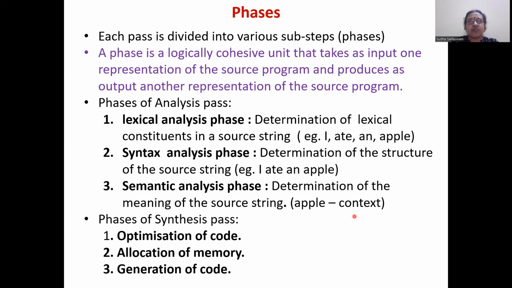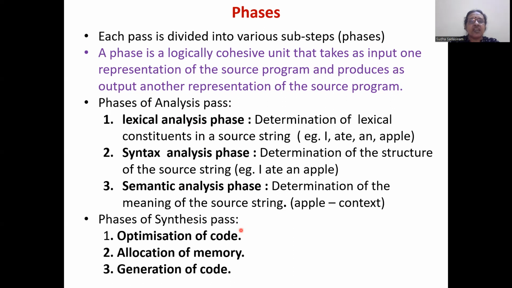Based on this statement, the semantics for apple is fruit. So all these phases try to analyze a given source program, and therefore these phases are grouped into the analysis pass of the compiler.